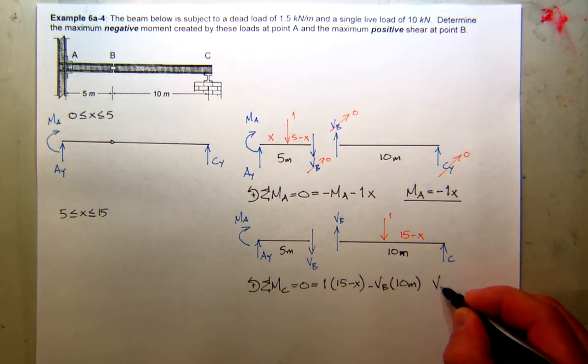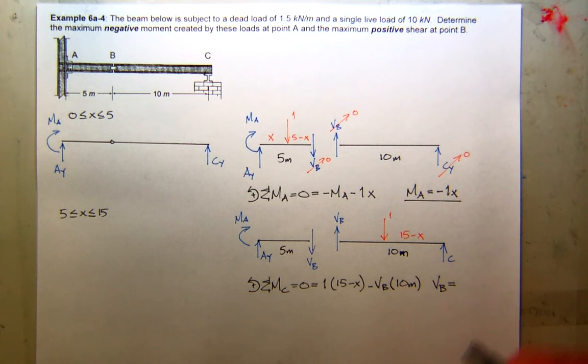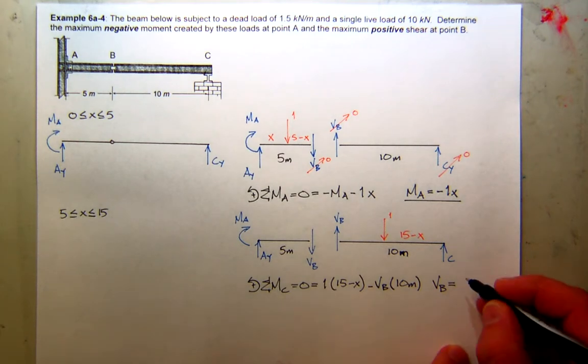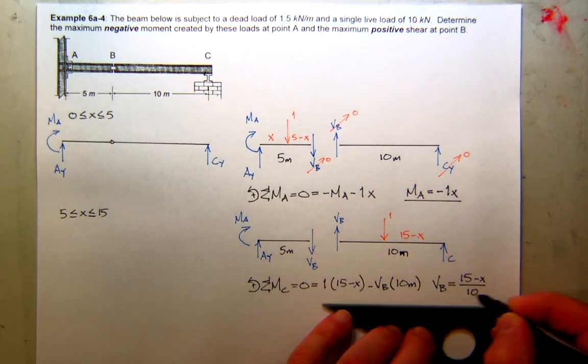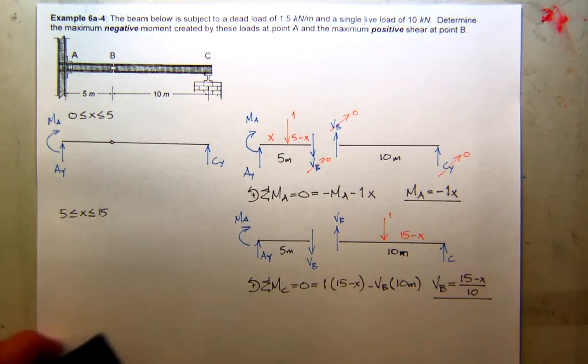So I can solve for the shear at B. Looks like it's going to be 15 minus x divided by 10, right? There's the shear at B.